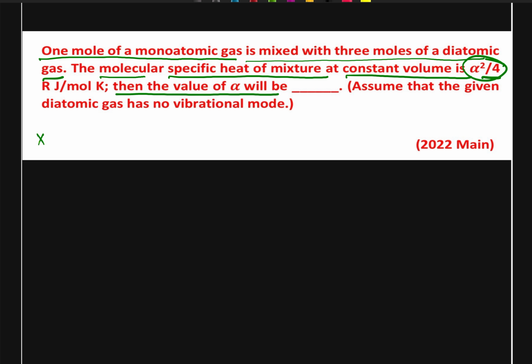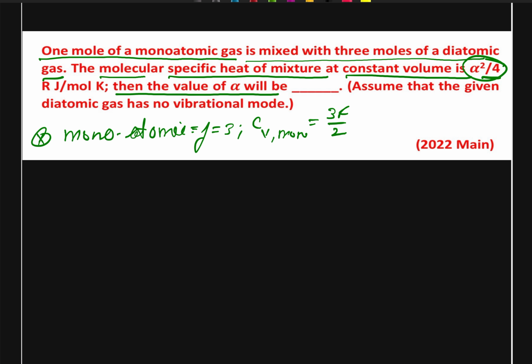So we can say that for our monatomic, we know that our degree of freedom is equal to 3. Therefore we can say our C of V of mono is equal to 3R by 2. And for diatomic, there is no vibrational mode.